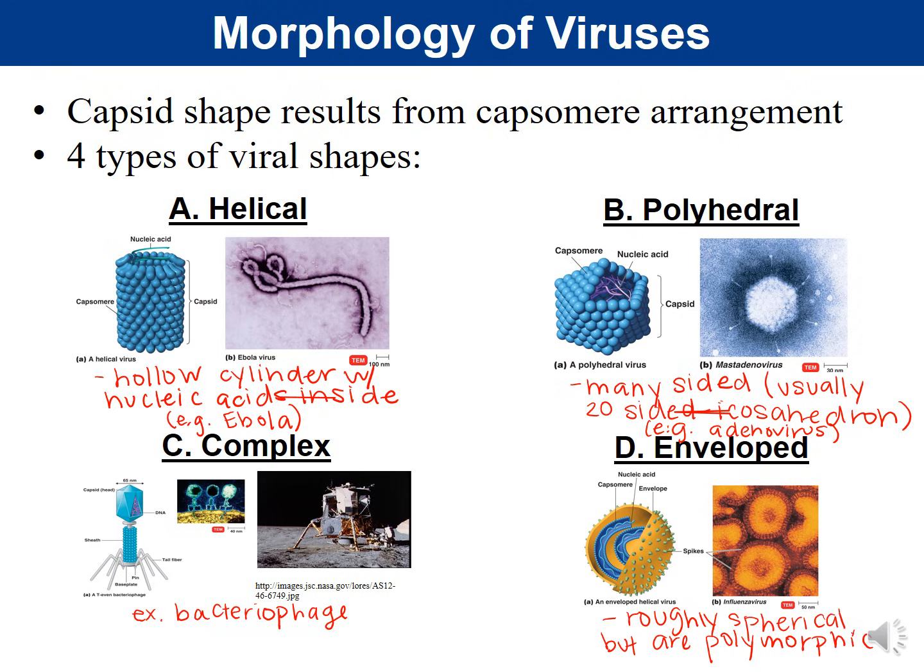And an example of this would be like influenza virus. And when we look at the capsid inside of an enveloped virus, the capsid inside can either be helical or polyhedral.